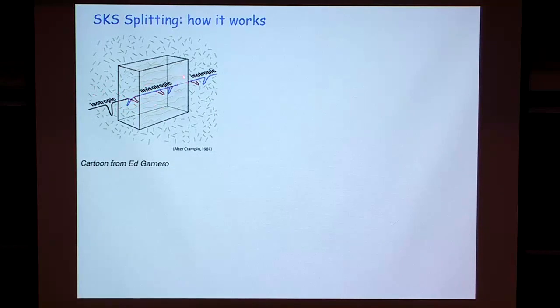So when you get out of this anisotropic medium and back into an isotropic medium, you will continue to have two waves that will be shifted in time, one from the other. And that time shift will be related to a combination of how long you spent in this anisotropic medium and the strength of anisotropy. Okay, the trade-off between the two.